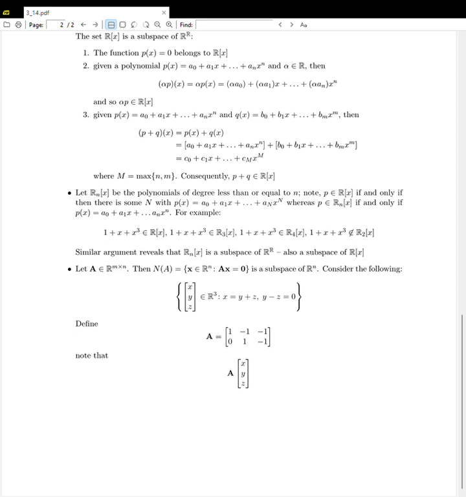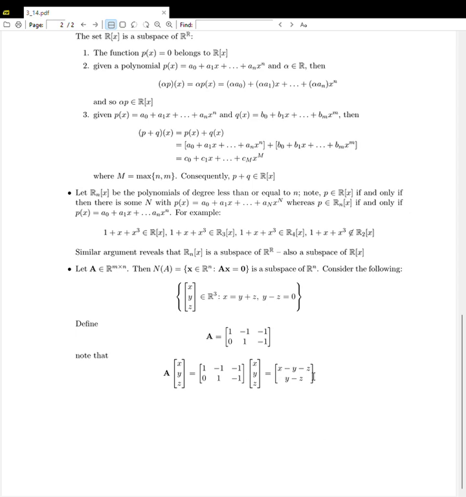Note that this is a 2x3, so I can multiply it by elements of R3. If we compute out those dot products, in the first spot we'll have x minus y minus z, and in the second spot we'll have y minus z. So note that when I look at A times any element of R3, I get these equations right here.